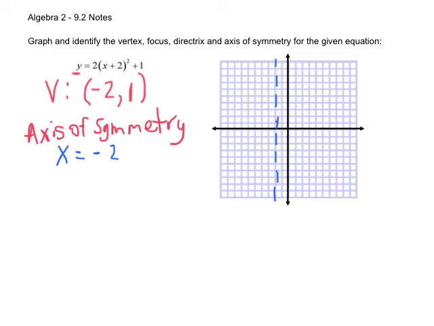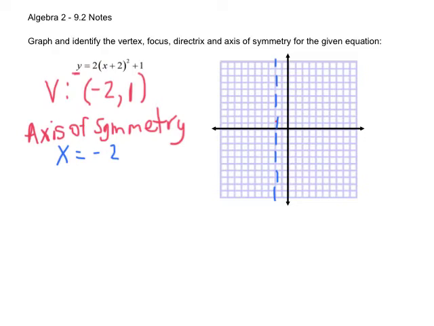Well, what about focus and directrix now? Remember that the number in front, this 2 right here, is equal to 1 over 4p. And p is the distance from my vertex to my focus.